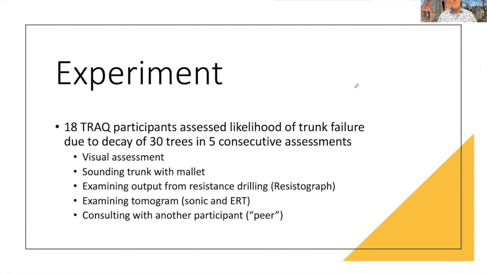The first was that everybody did a visual assessment of the tree. And then they used a mallet and sounded the trunk to get a sense of the extent of decay.